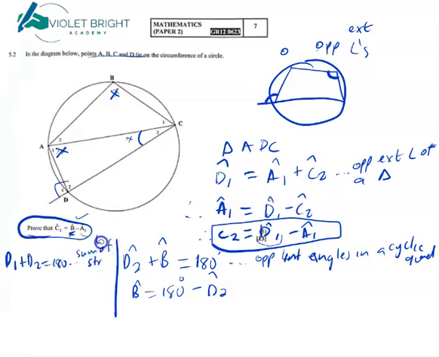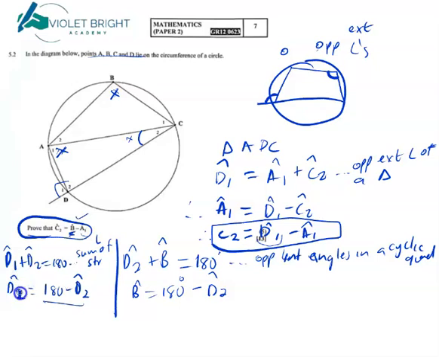So if we make d2 the subject of the formula, d2 will be equal to 180 minus d2. So now we know that b is equal to d2. Basically, d2 is the same as b because it gives us the same answer.